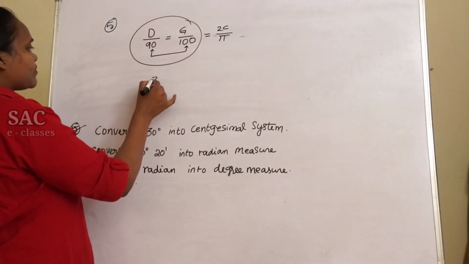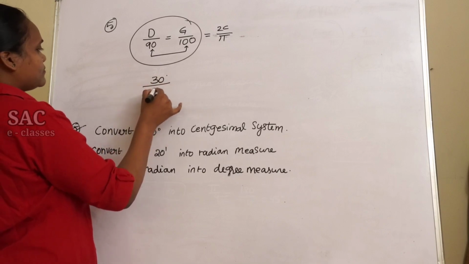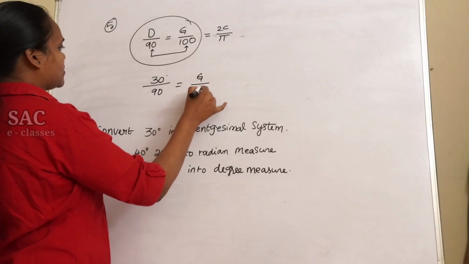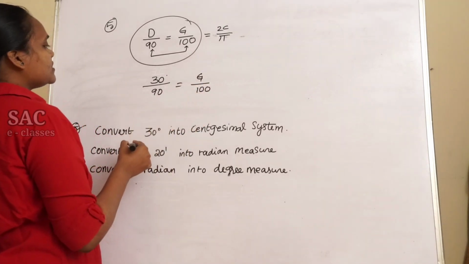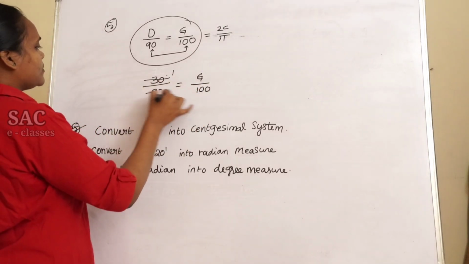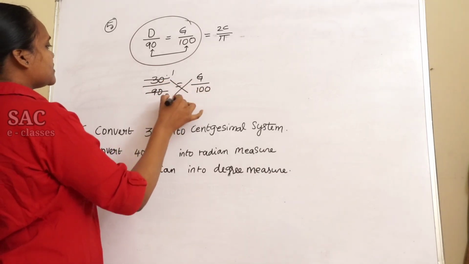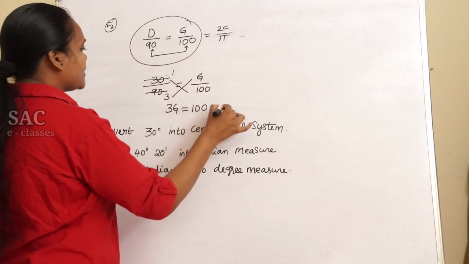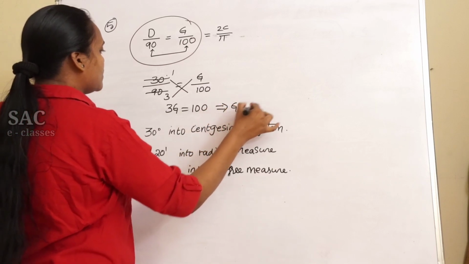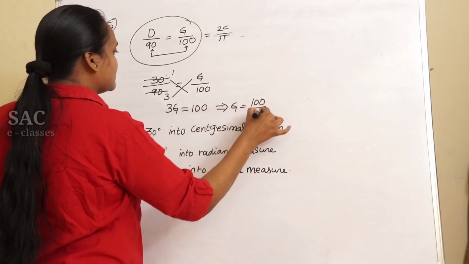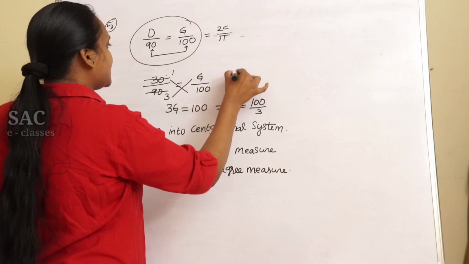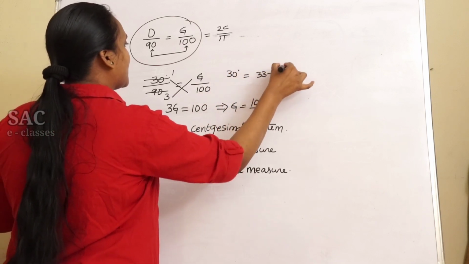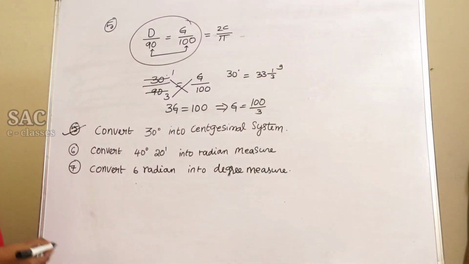Now degree is 30 degrees by 90 is equal to, you don't know how many grades that is, so it is equal to G by 100. One time, 3 times. Then you can write 3G equals 100, where G is equal to 100 by 3. Means 30 degrees equals 33 1 by 3 grades in the centesimal method.